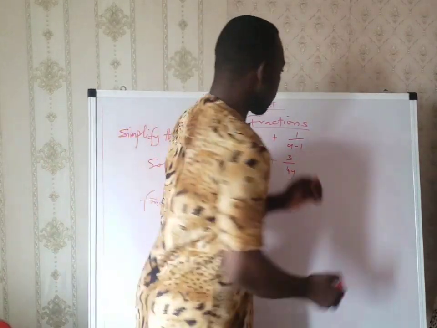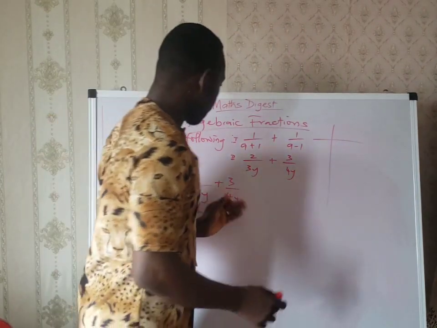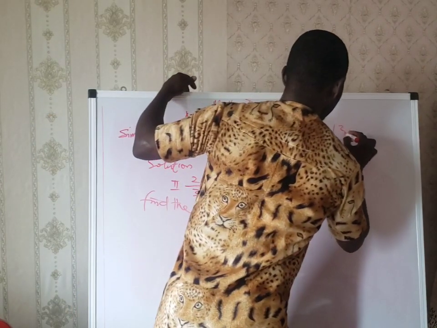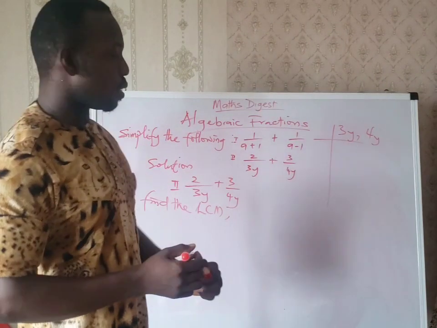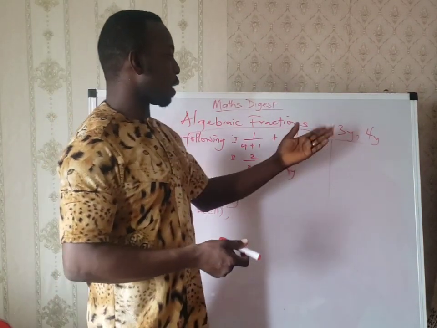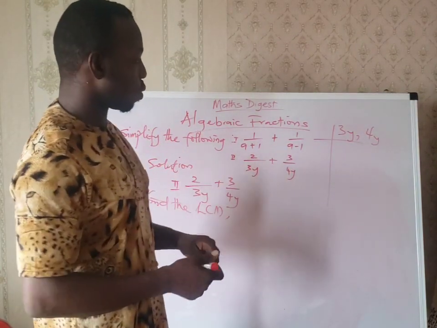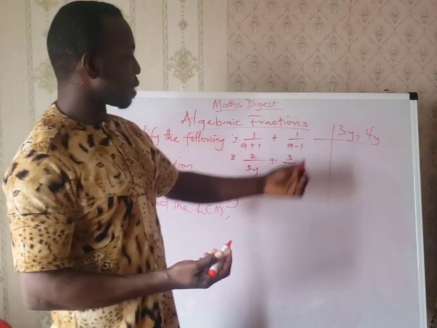Now we get to our chart again. We have 3y, we have 4y. Okay, now looking at this, we can see that the coefficients of the y here are not the same and they cannot divide each other. So what you do is you still take them as separate entities.